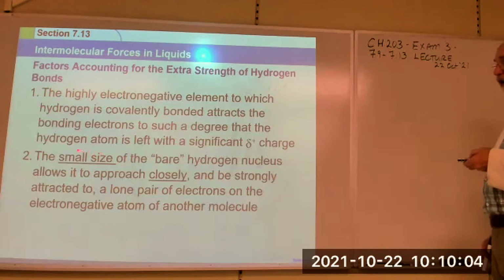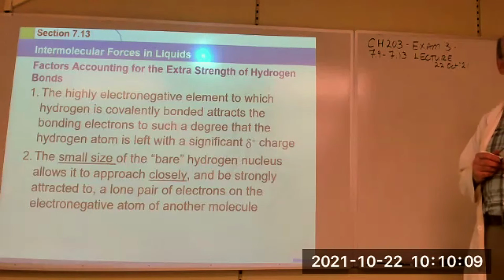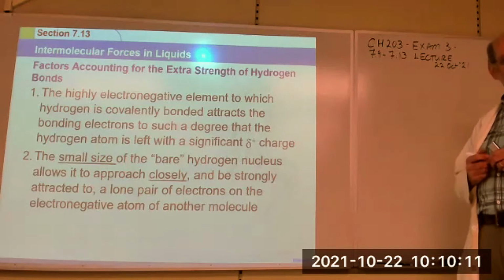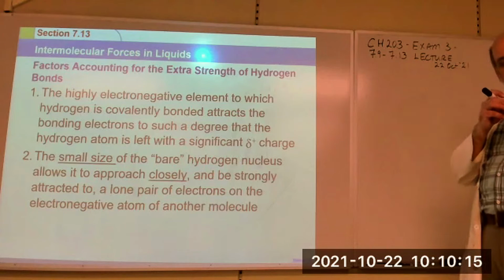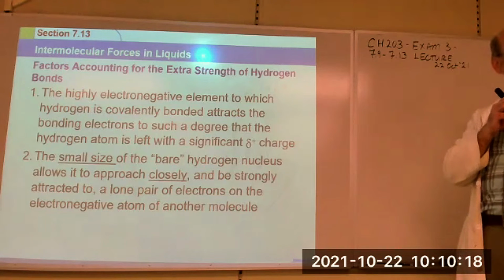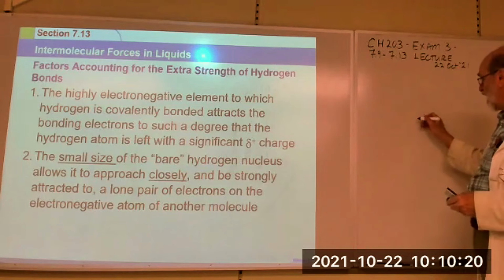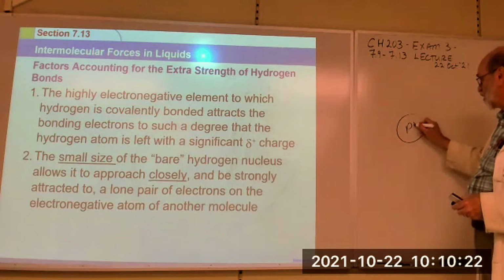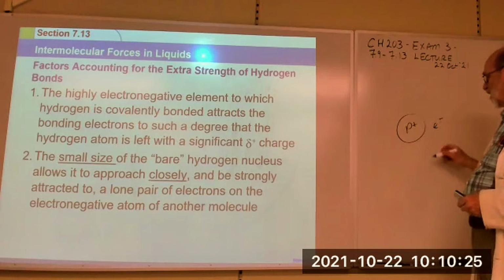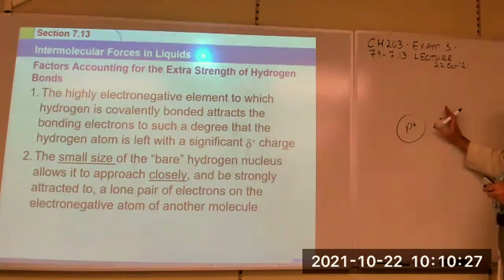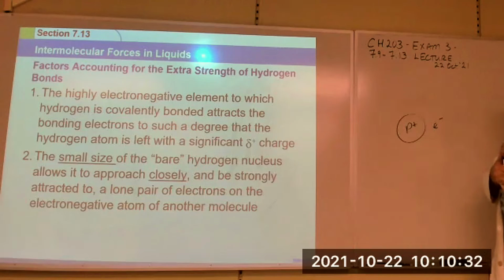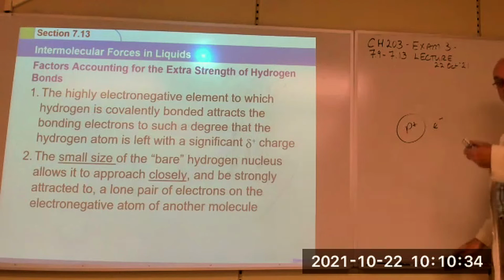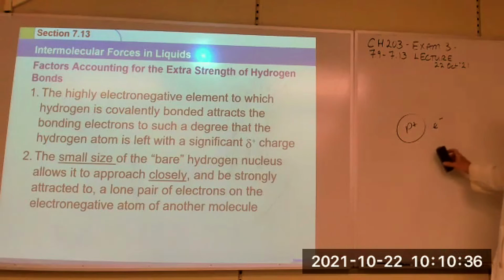Also, the small size of the hydrogen nucleus, which is what? A proton. Hydrogen's just got one proton. So if you move electrons away from it, it tends to expose that positive charge. Right? If you've got a hydrogen atom here, one proton, and you've got the electron out here, then if you shift that away, it tends to expose that positive charge. And that is where the slight positive charge comes from.